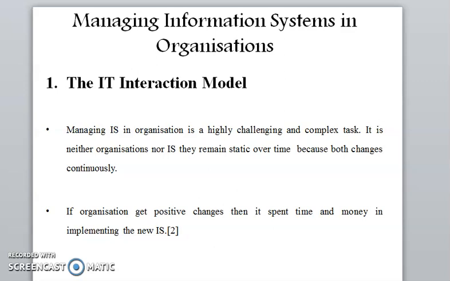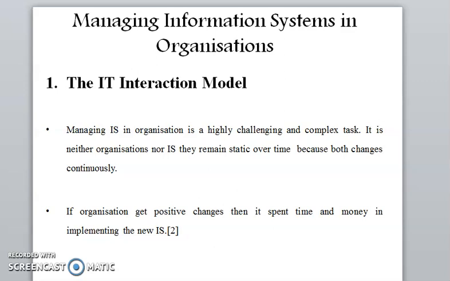In managing information systems in organizations, the IT interaction model is a highly challenging and complex task. The information technology interaction model is a stylized view of the dynamics of information systems in organizations.